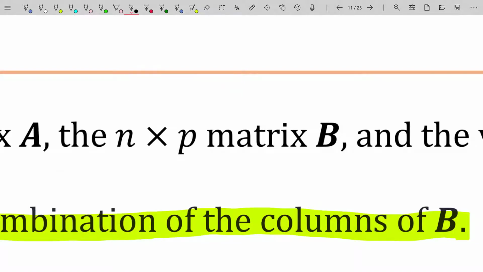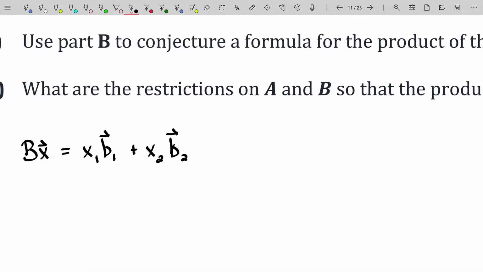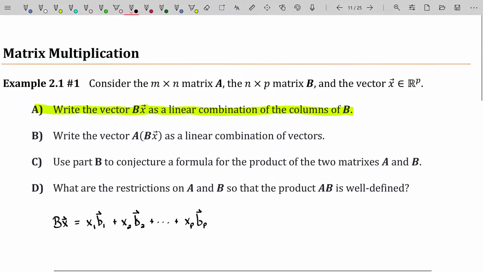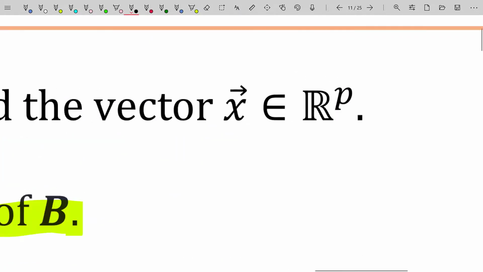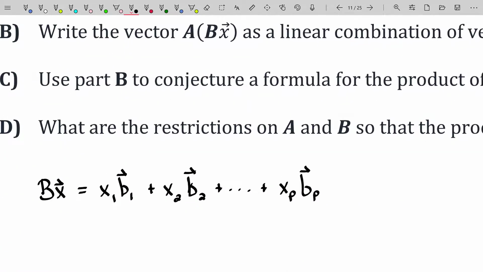So we'll go ahead and write out the P columns of the matrix B. And that works out actually very nicely because we were told that X is a vector in R^P, so it only has P entries. And that matches up with what we have here. So there we have it. B times the vector X is written as a linear combination of the columns of B.